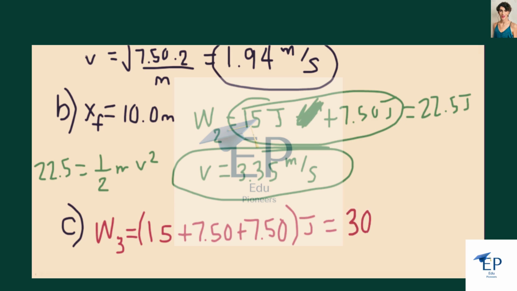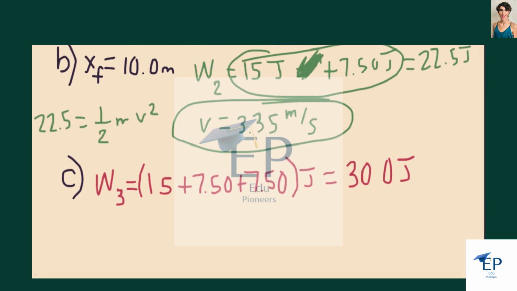Which would be 30 joules. So 30 equals 1/2 mv squared. So 30 times 2 is 60, divided by 4 because that's the mass. And then I have to just take the square root of that answer, which is the square root of 15.